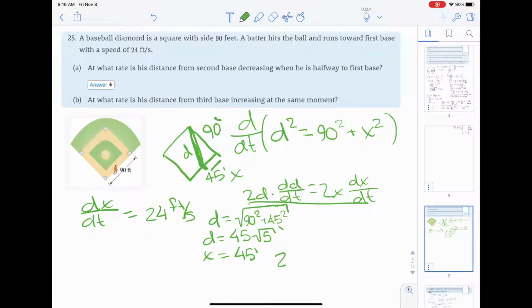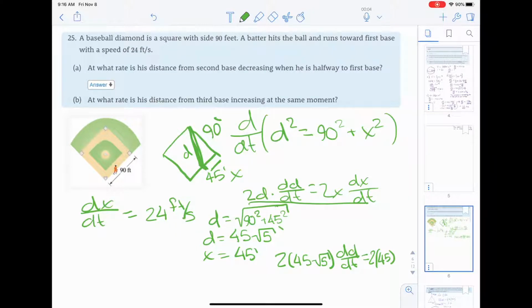So we're going to have 2 times 45 square roots of 5 dD dt is equal to 2 times 45.